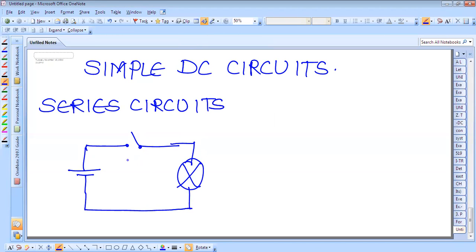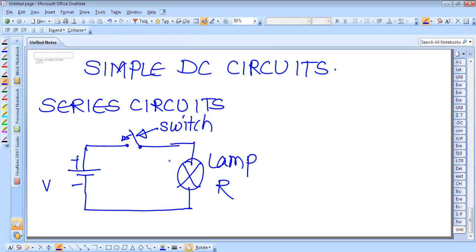So this circuit is called the series circuit because this is a switch, this is the lamp having some resistance, and this is a voltage source. If this switch is closed, then the current will flow in the circuit. So this is a simple circuit.